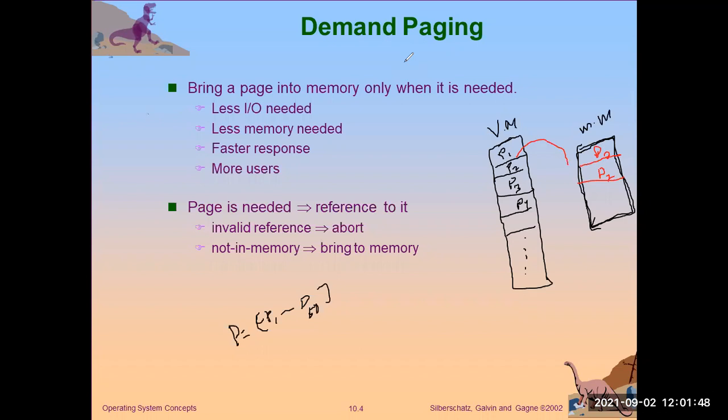This is an invalid bit or invalid reference, as page 100 does not belong to the particular program. So I have to make sure that the request is invalid, so I have to set the page bit to invalid, so that the program can be aborted.